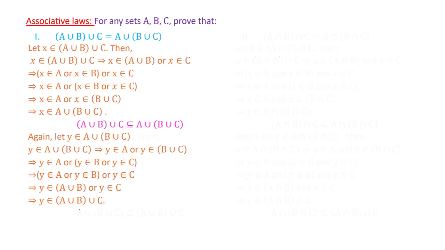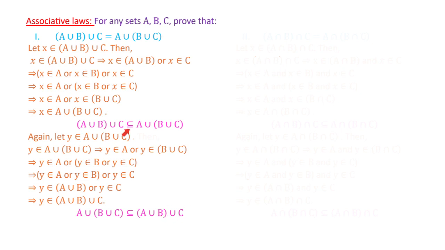So we have obtained that this set A union (B union C) is a subset of (A union B) union C.